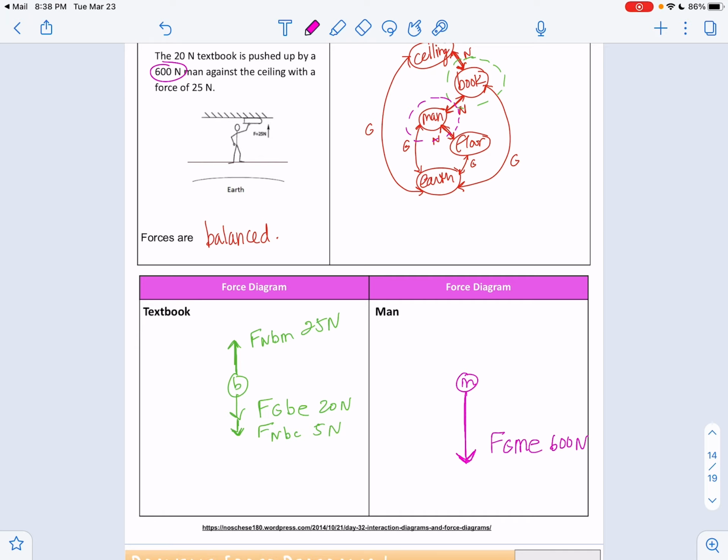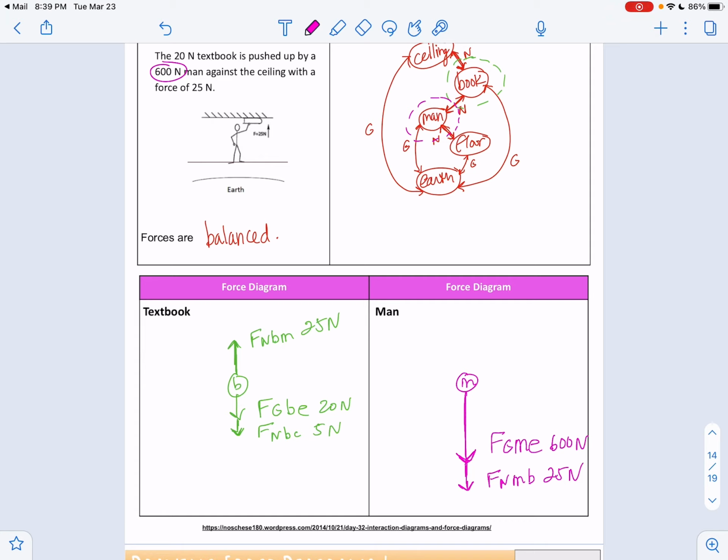The other 2 things pushing him are the floor and the textbook. Since he's beneath the textbook, he's pushing up on the book, and so the book is pushing down on him. So that textbook push, Fn on the man from the book, that's 25, pushing downward on him.